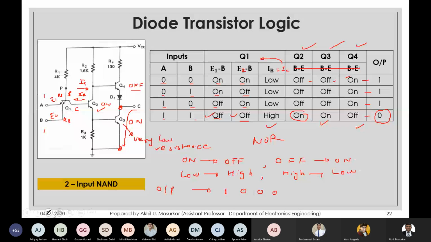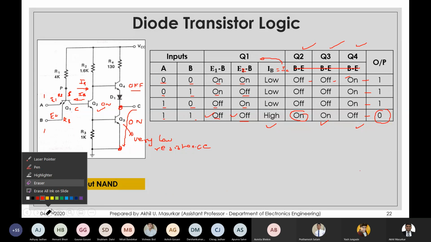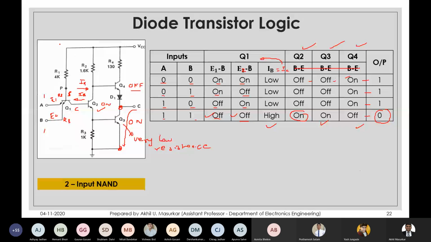Or what you can do is just take the first circuit, the AND. So this part of the circuit is actually AND.